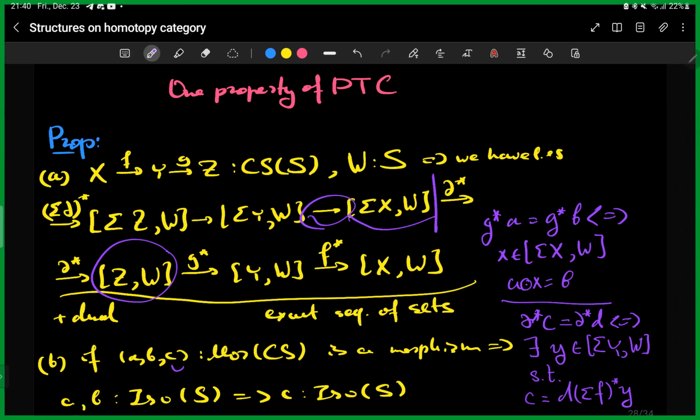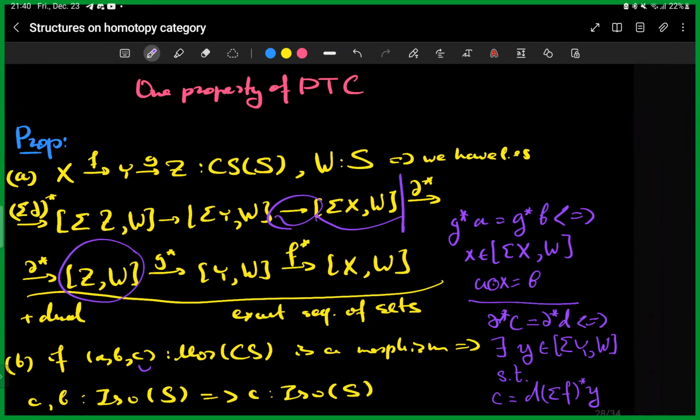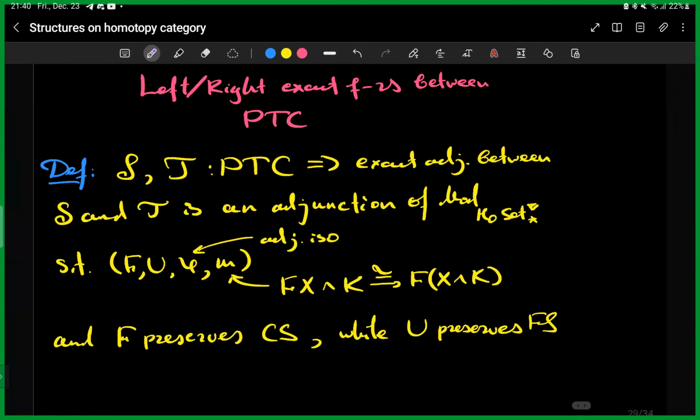And that's once again just an abstract property of pre-triangulated categories. So we don't need any data that came from somewhere, for example from a model category. That's just an abstract result about pre-triangulated categories.